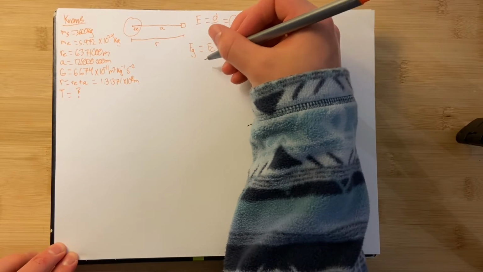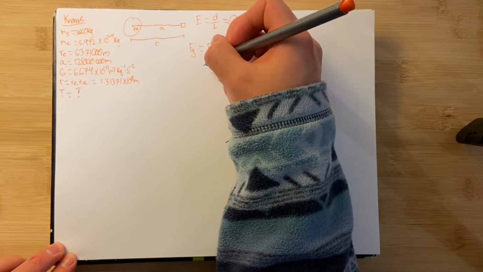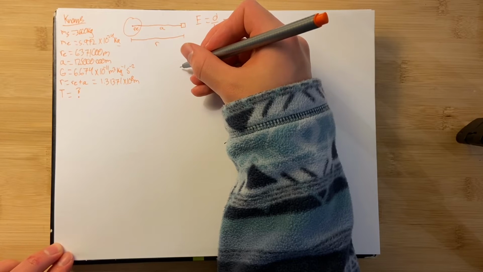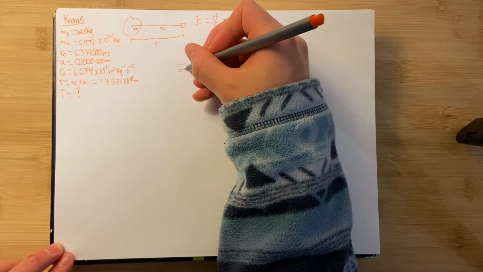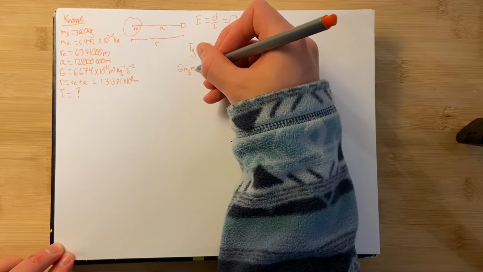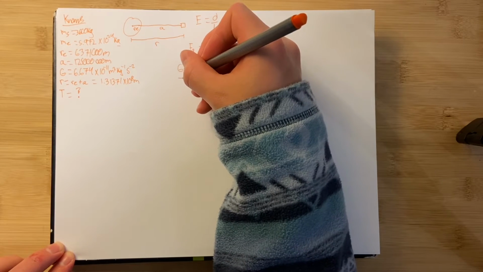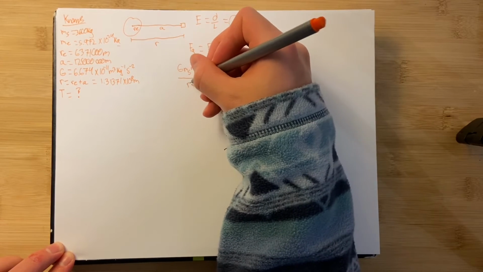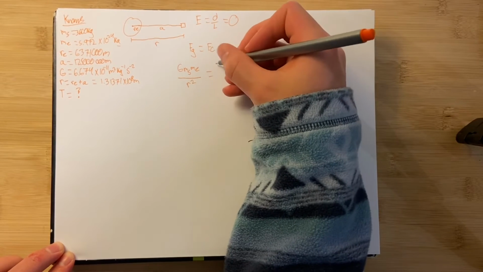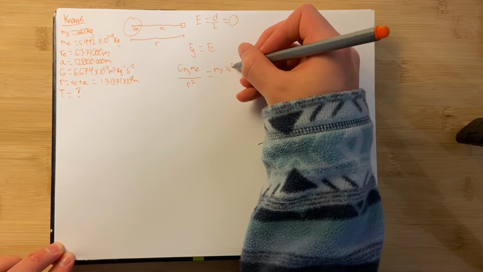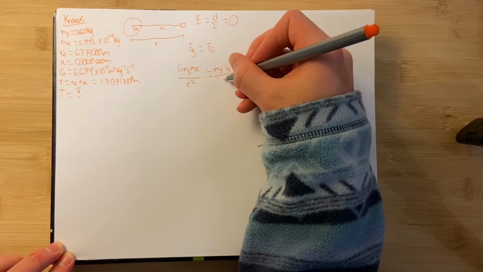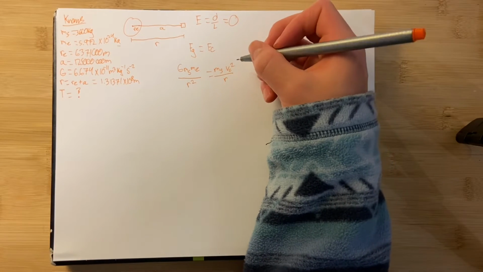Now we can break this equation down into a more complex equation: gravitational constant times the mass of the satellite times the mass of the Earth divided by r squared is going to be equal to mass of the satellite times velocity squared divided by the r value.